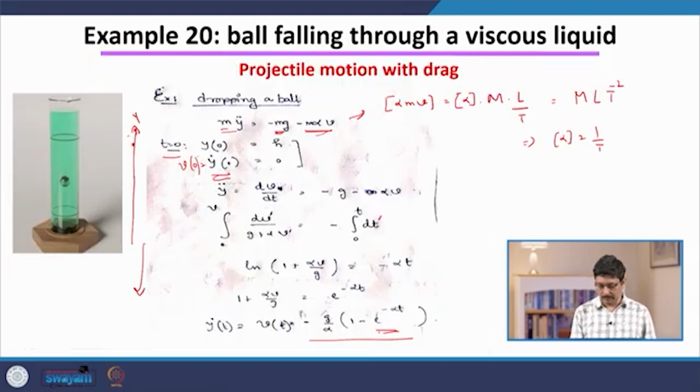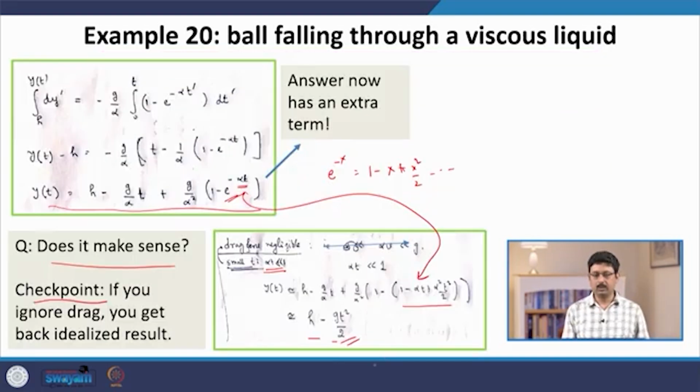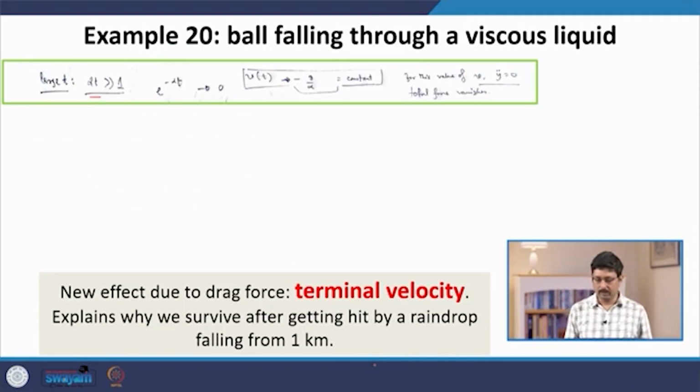In this expression, the first term is a constant, and if I drop the second term, it just becomes a constant, which is the ratio of g over alpha. But note that this is not exactly constant, because the exponential term is exactly 0 only when t approaches infinity.